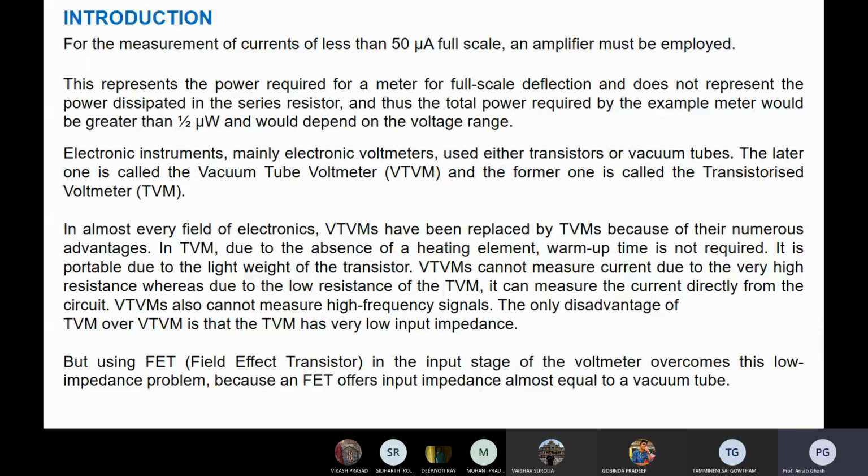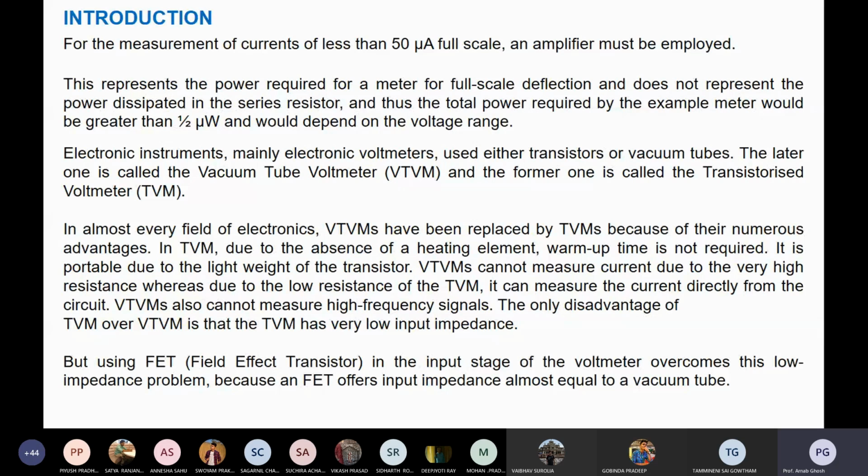Some important features were discussed, which means why digital instruments are most beneficial, sometimes most advantageous over your analog instruments. Some of the important features I told you about, like advantages.